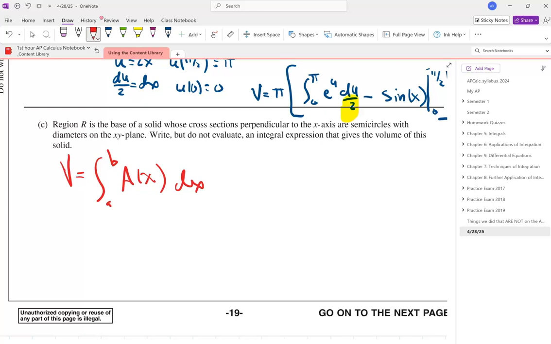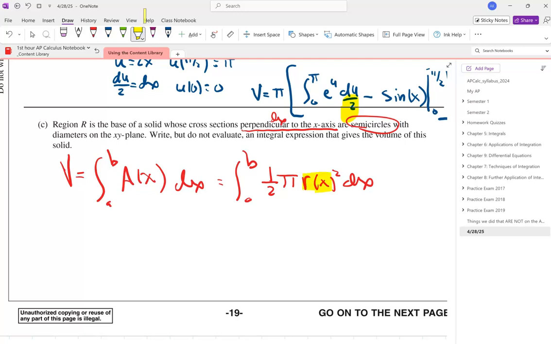Now, because we're told we're perpendicular to the x-axis, that's telling us it's a dx question. And because we're told semicircles, I know that a semicircle is half of a circle. So I'm going to do that.